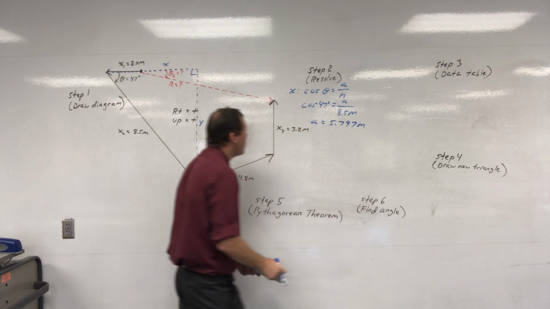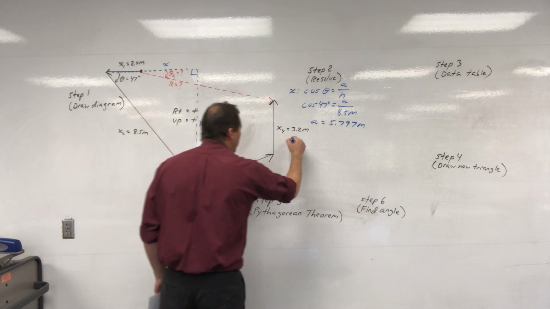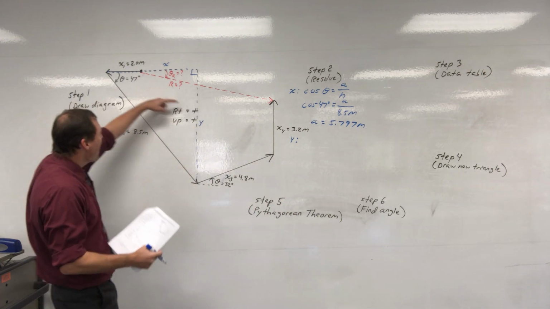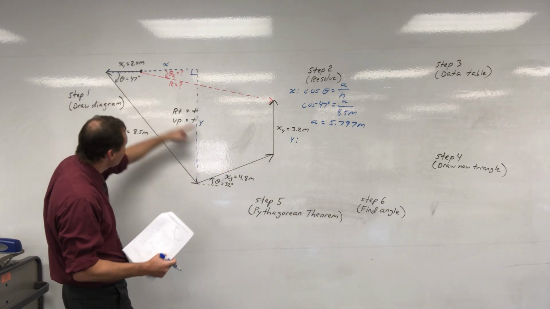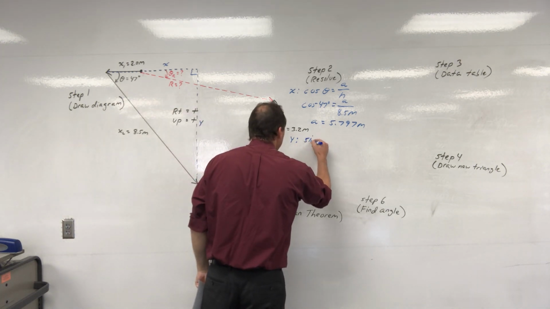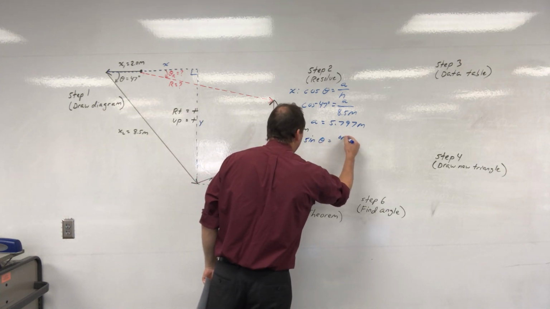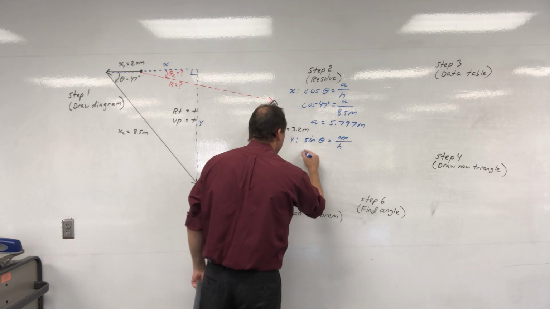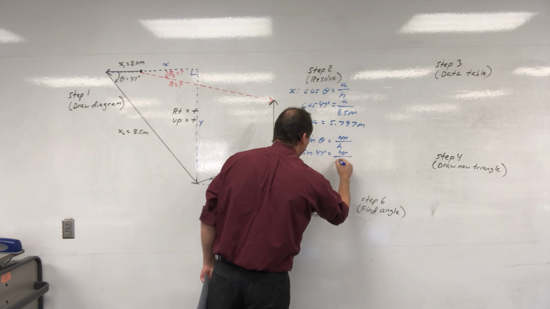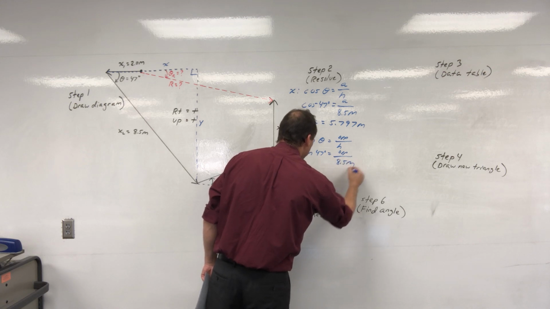All right, now I want to find the y component. So I'll put a little y there. And the y component is opposite the angle. So I want to use sine for that. So sine theta equals opposite over hypotenuse. Sine of 47 degrees equals the opposite side over 8.5 meters.